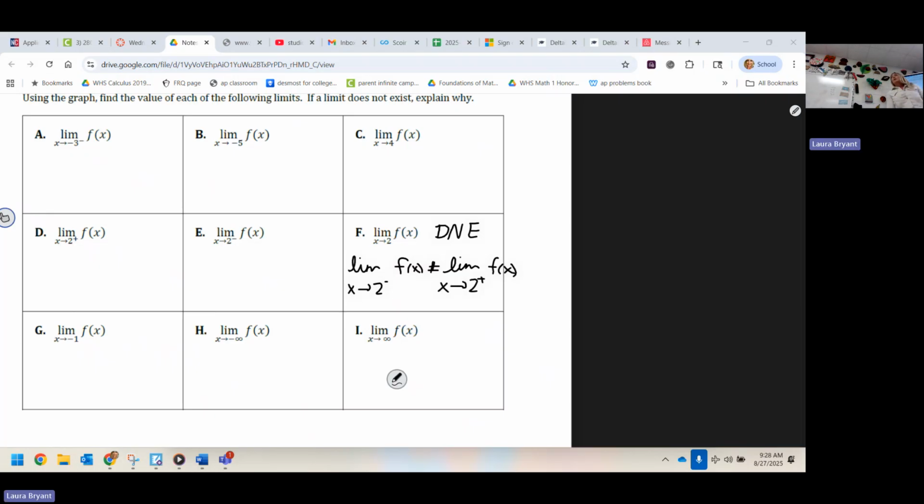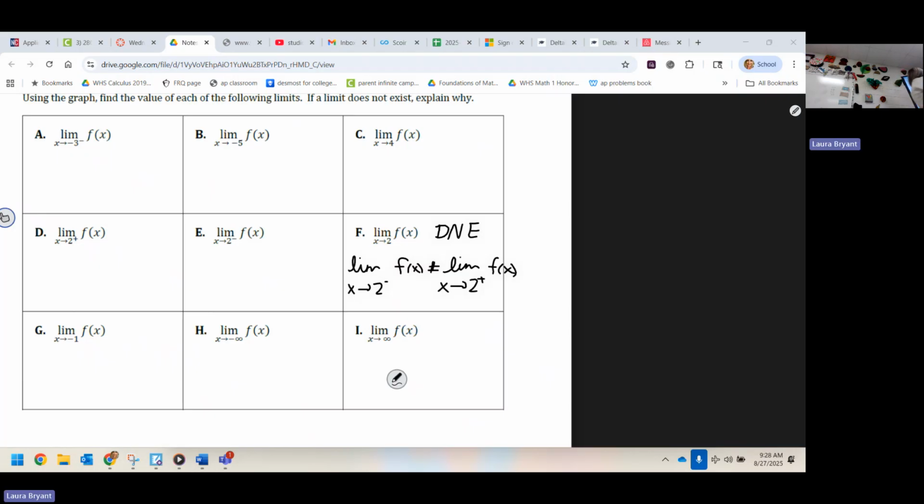So sometimes your limits will have answers. Sometimes there will be a does not exist. And we're just doing a small intro to this today. We'll be doing plenty of this so you understand when will I have does not exist, and when will I have an answer. But this one didn't exist because we can't get one single number. They were different numbers.